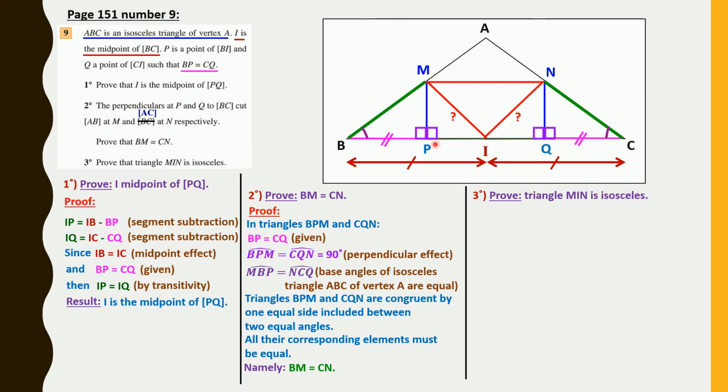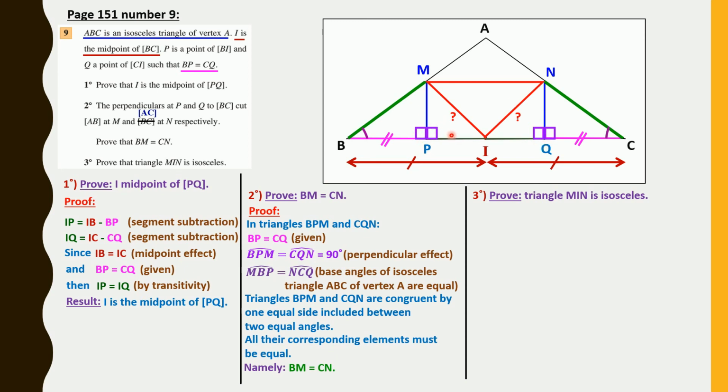And we can also claim that PM equals QN. Isn't that right? Can we claim that PM equals QN? Yes, because in question 2 we proved that triangles BPM and CQN are congruent and all their corresponding elements must be equal. In particular, we can claim that PM equals QN.